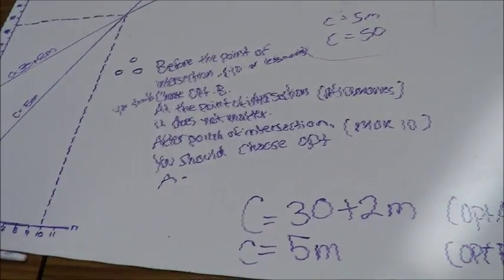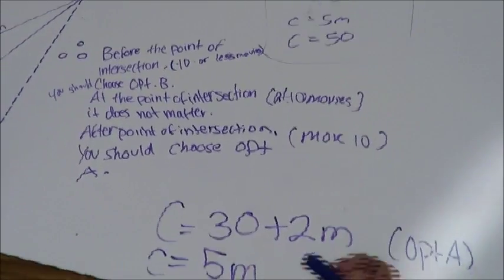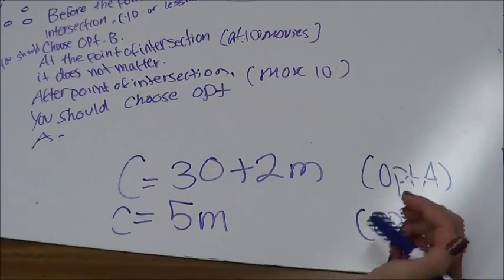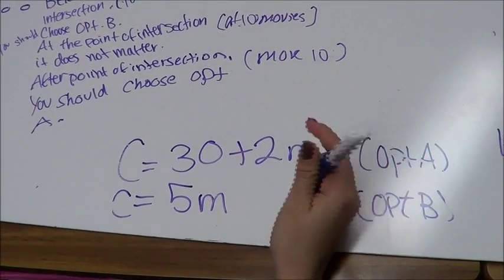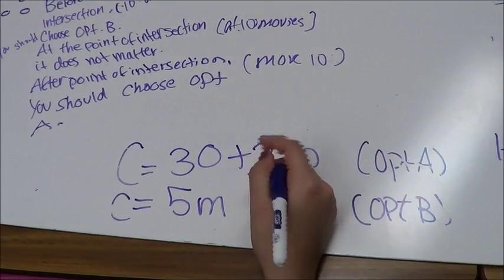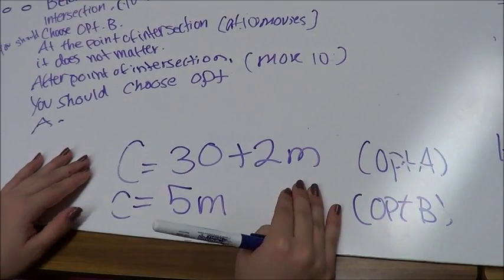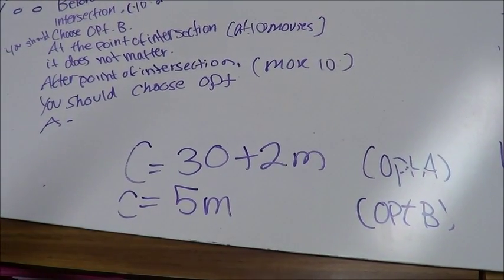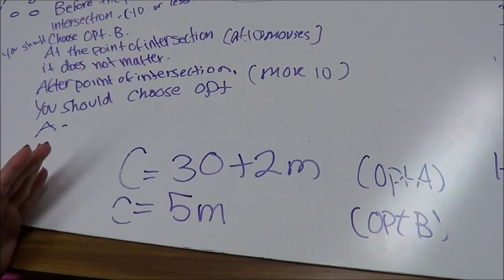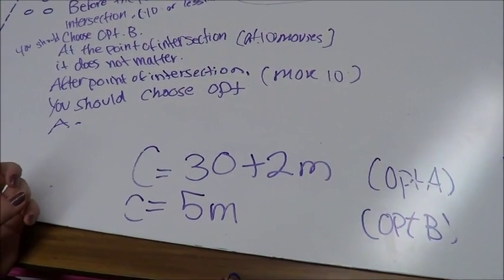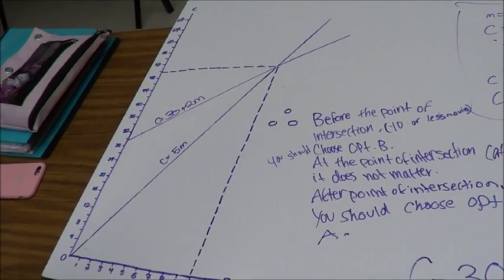Okay, so first we wrote out the equations in the y = mx + b form, and we knew that option A was this because it says it up on the board, $30 for a membership fee, so that's the initial fee, and $2 per movie download, so that's the variable fee.